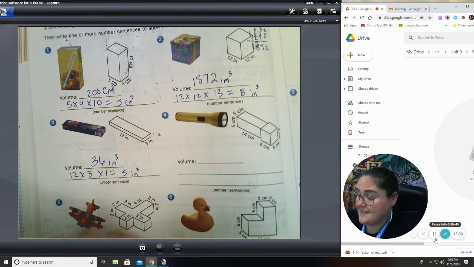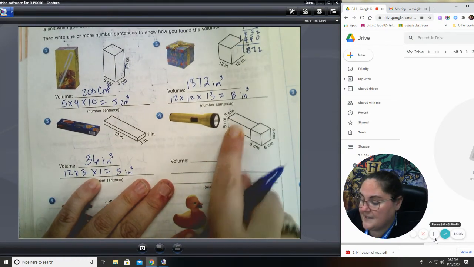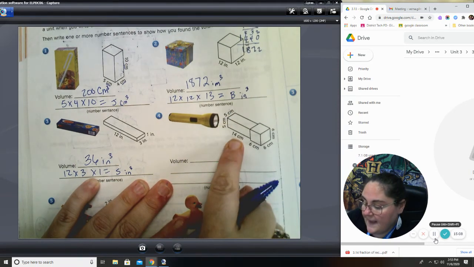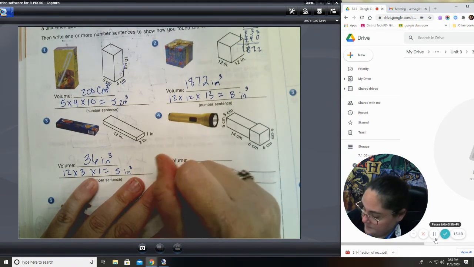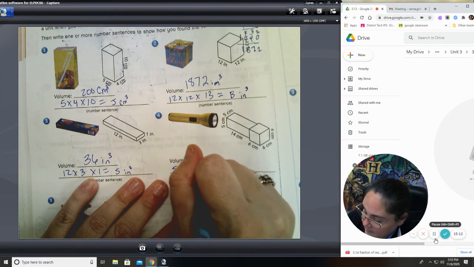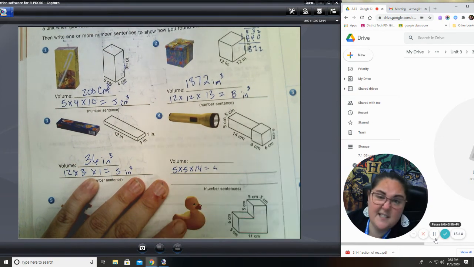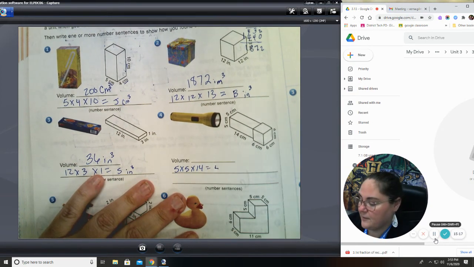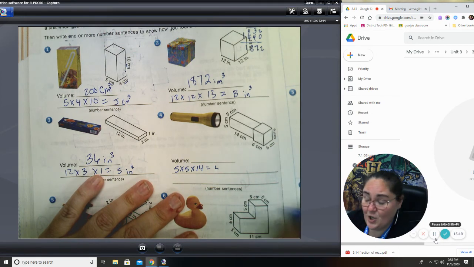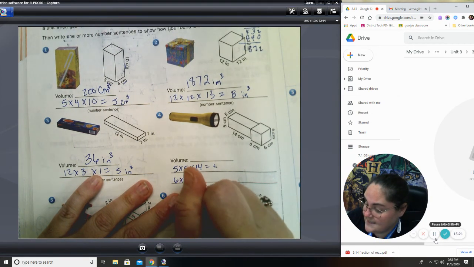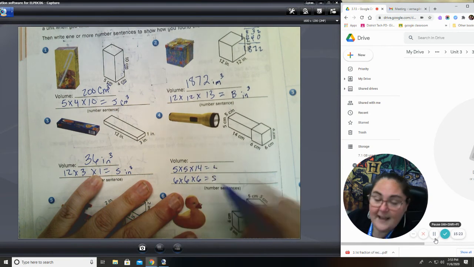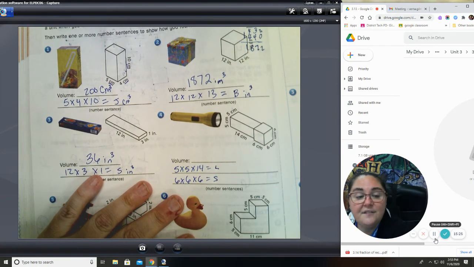The number sentences that I would use, I'm going to start with the long box here. We have 5 times 5 times 14. And I'm going to say that's L because it's the long box. Easy for me to remember. This one is simple. It's a cube. 6 times 6 times 6. S for short.